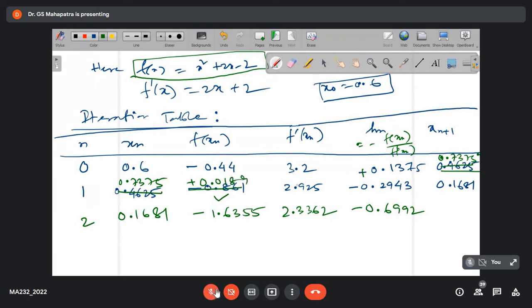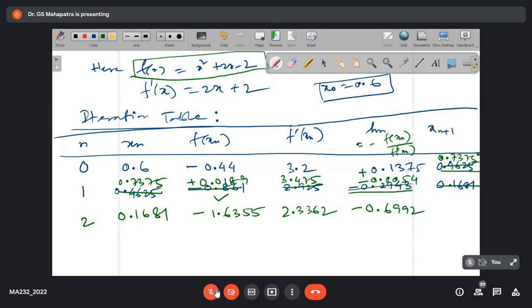What is f dash xn? 3.475. What is then this one? It will be negative then. Minus of 0.54.